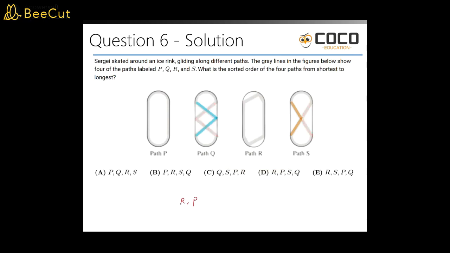So we just need to compare which one is longer. Now, obviously, path Q is longer. Because for path S, this is in the middle. So that's a shorter line compared to what we have here. So S is less than Q. Let me choose option D.